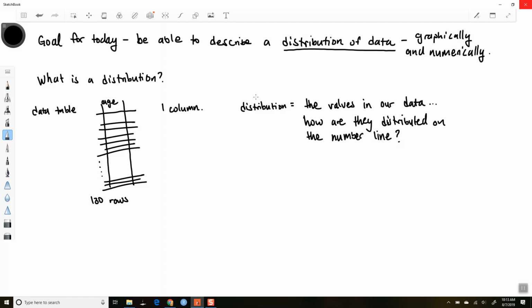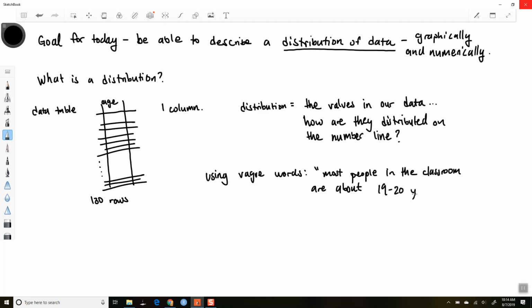Okay, so the values in our data, how are they distributed on the number line, right? Okay, and so just kind of using vague words, we can say something like, most people in the classroom are about 19 to 20 years old.